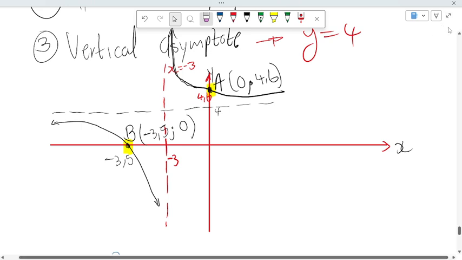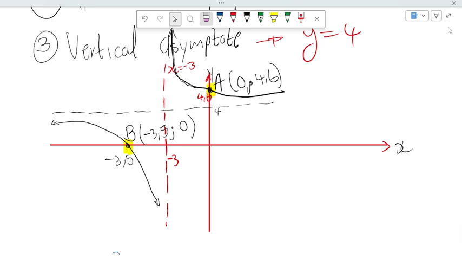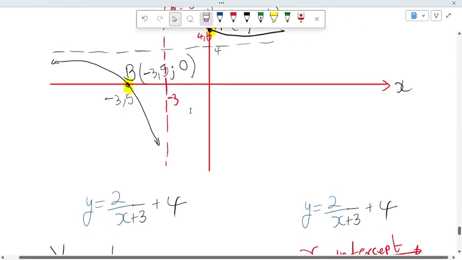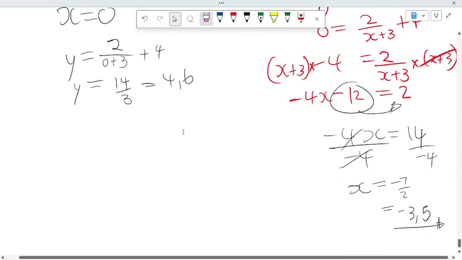I just wanted to go through a bit of the curve, the hyperbola, with you.